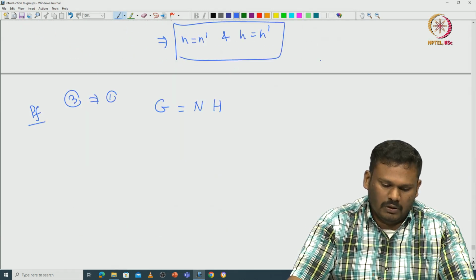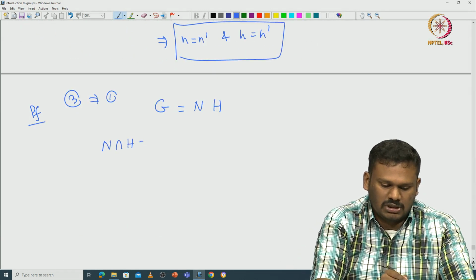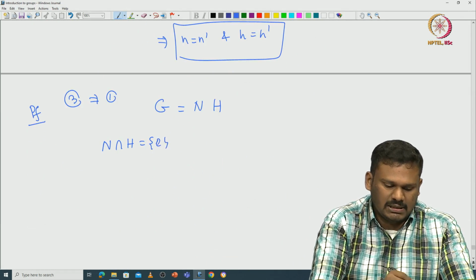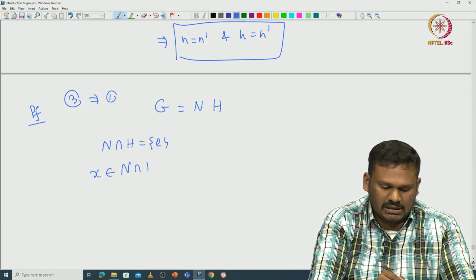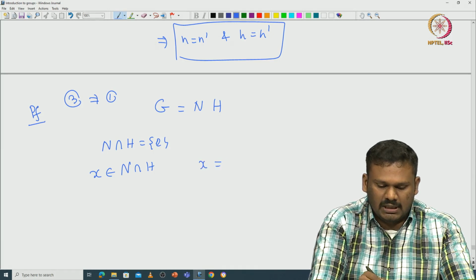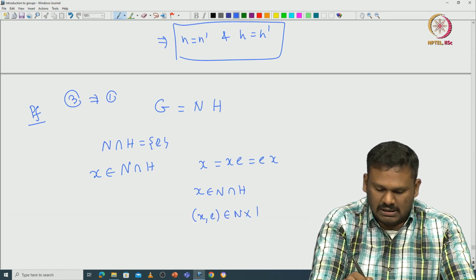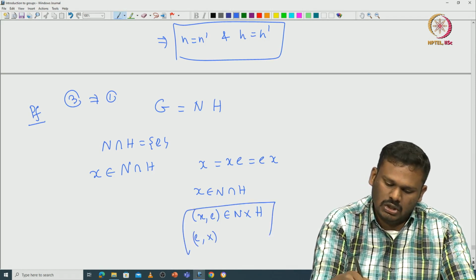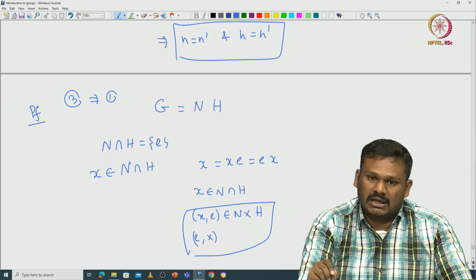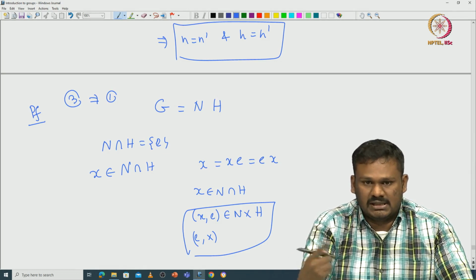Now we want to prove that N intersection H must be trivial. Why is that the case? Let us start with x in N intersection H. Then this x can be written as x times identity and identity times x. Note that x is coming from N and H. So the tuple (x, e) is coming from N cross H, and as well (e, x) is also coming from N cross H. So there are two tuples from N cross H such that x is written as the product of those two elements, xe and ex.